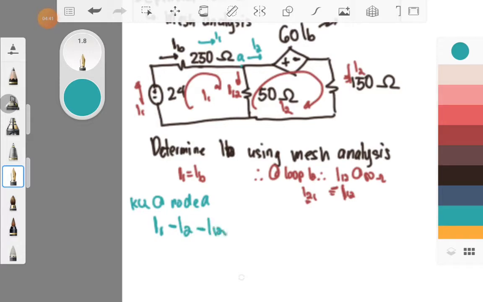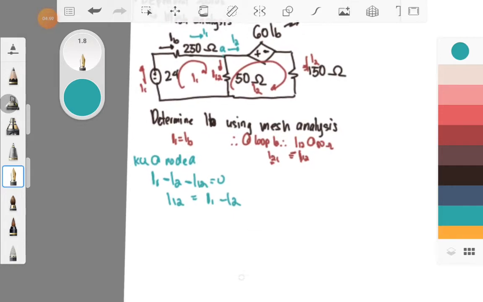So I1 minus I2 minus I12 equals 0. Therefore, I may say that my I12 is equal to I1 minus I2. That is our current I12 equivalent in terms of I1 and I2.